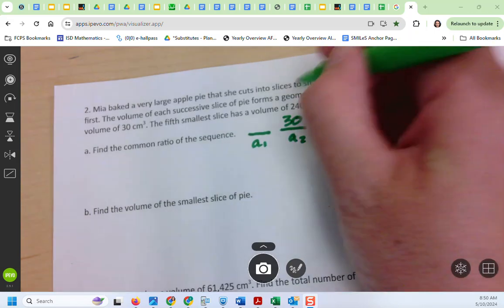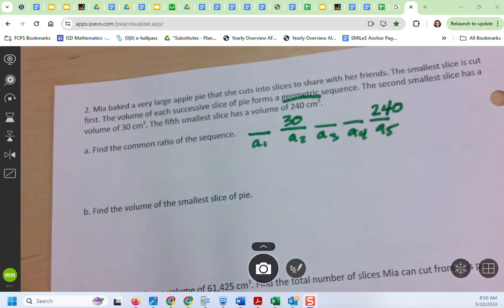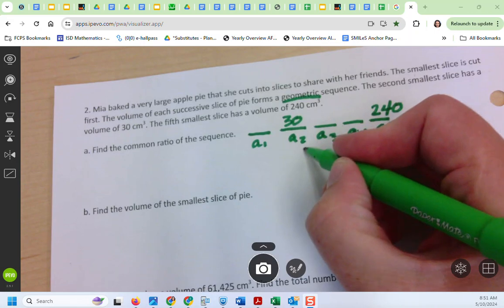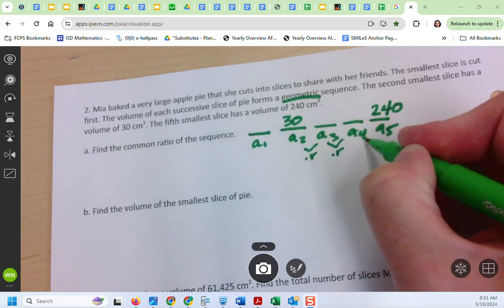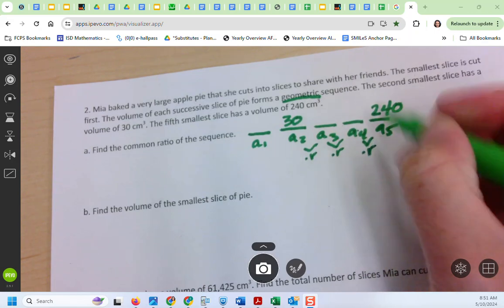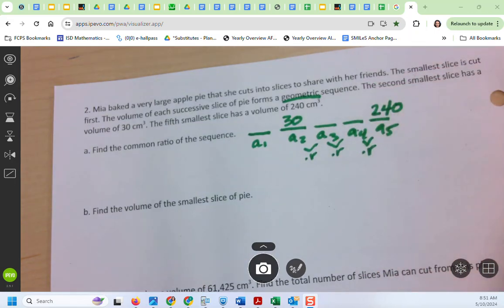And it tells you it's geometric, which means it's what kind of pattern? Is it adding or multiplying? It's multiplying. So we have to multiply times R 1, 2, 3 times to get to 240.